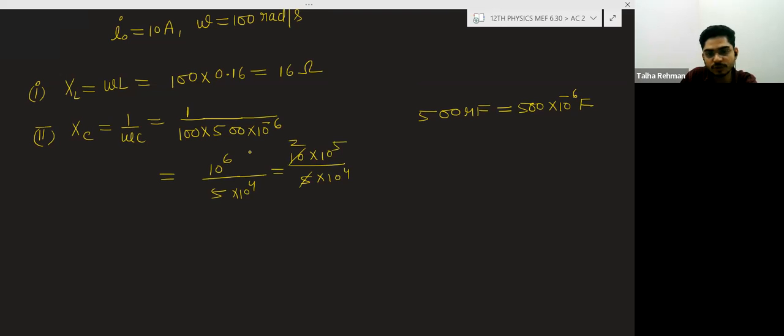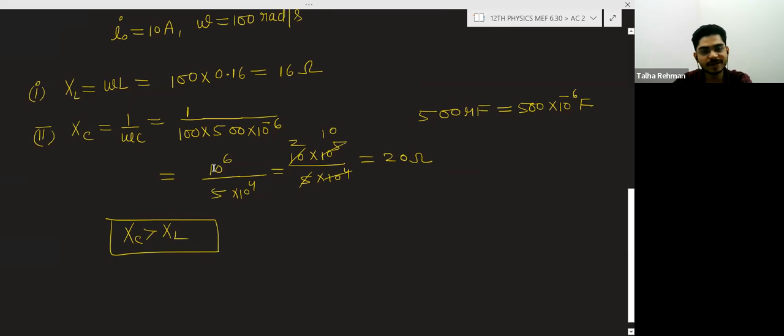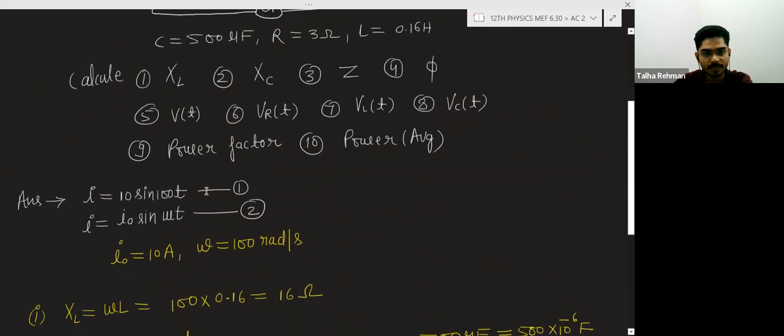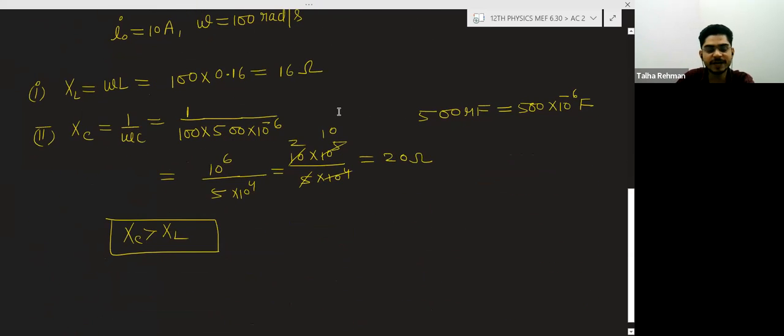So basically 2 into 10, you will get 20 ohm. So your XL is 16 and XC is 20 ohm. So what is the condition here? Your XC is greater than XL. This is the condition. So the second part is also completed. Now Z, how to find Z?